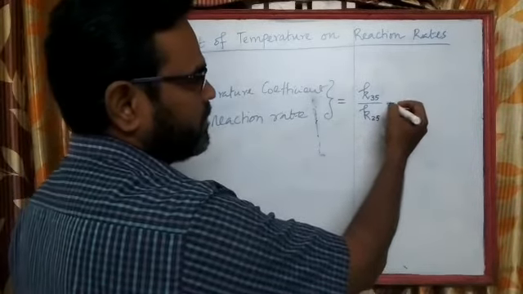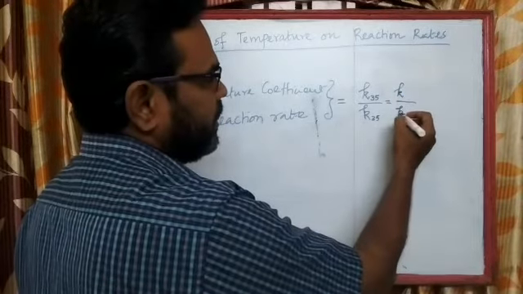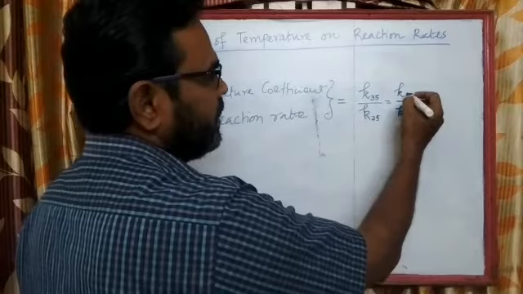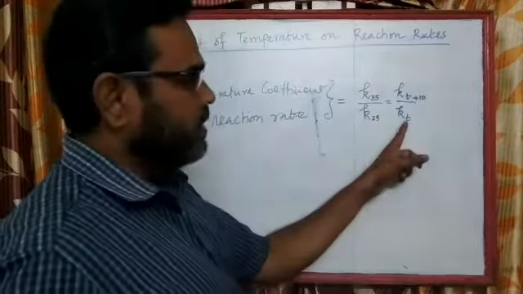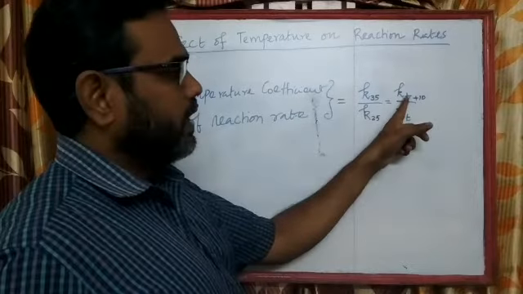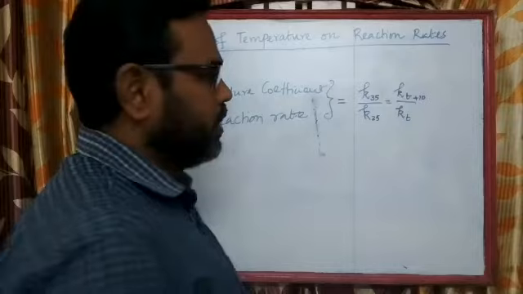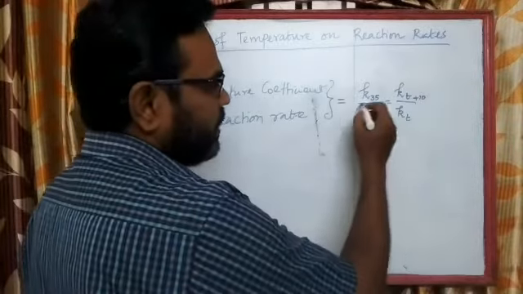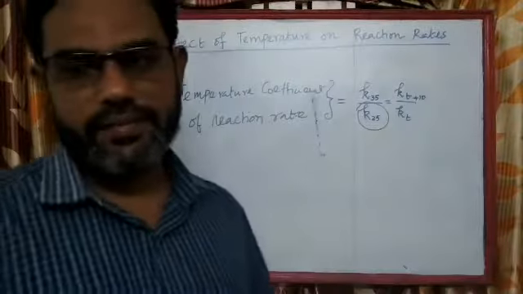So this can be written by a generalized formula K(T+10) over K(T): the rate constant at room temperature and the rate constant at T plus 10, room temperature plus 10 degrees centigrade. The rate constant studied at room temperature can be called the specific reaction rate.